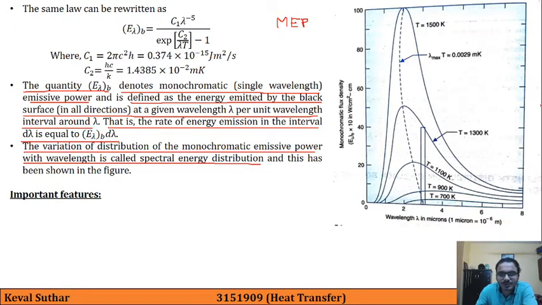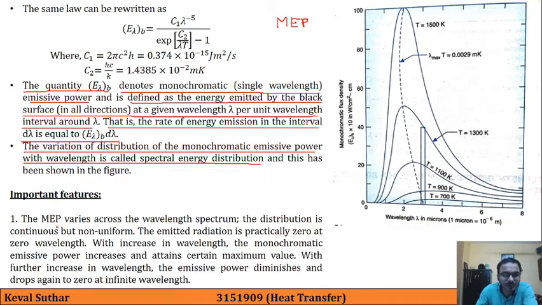Now the important features of this curve. First, MEP, that is monochromatic emissive power, varies across the wavelength spectrum. The distribution is continuous but non-uniform. As you can see, it is non-uniform. The emitted radiation is practically zero at zero wavelength.